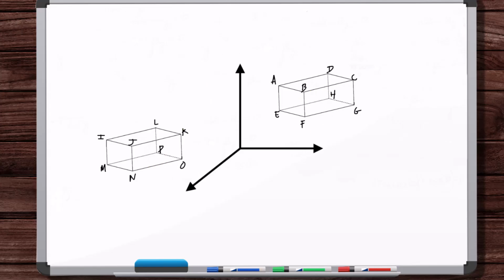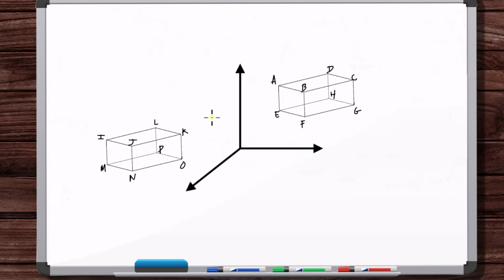With any kind of transformation, no matter what it is, rigid body or non-rigid body, you'll always be able to draw a vector that connects corresponding points. Always. For any kind of transformation.